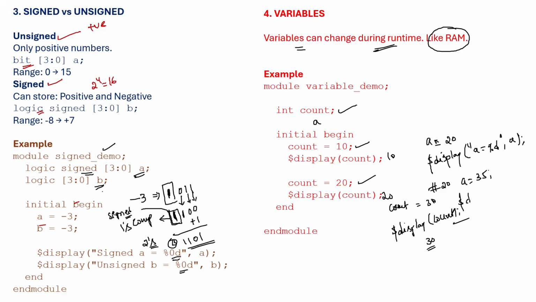Again I will write the dollar display. Okay, so every time this variable value will be changing. Okay, so that is the reason we are giving the variables, and then all the variables can store different values.